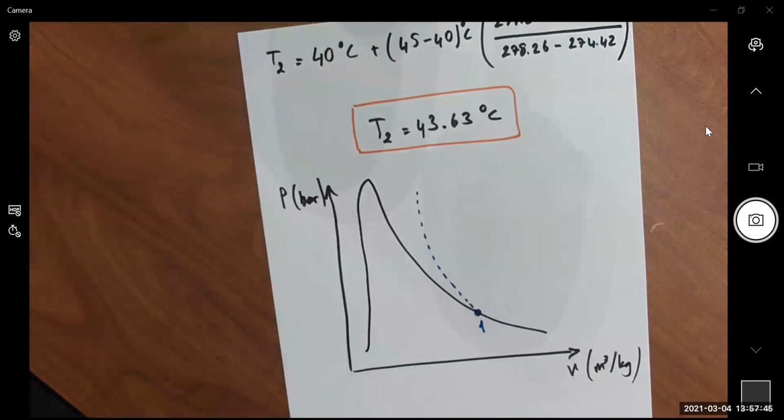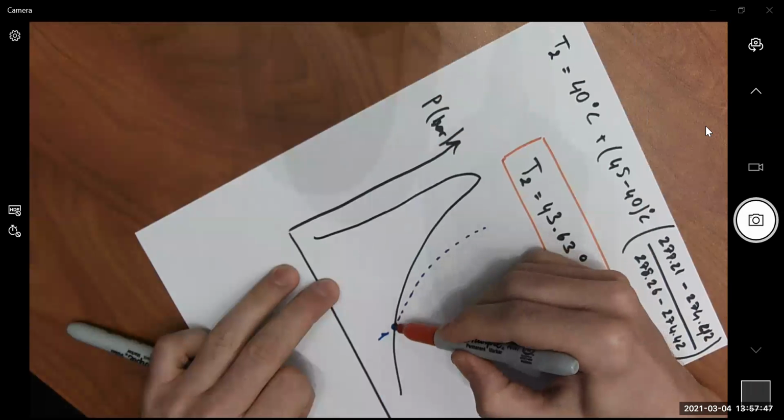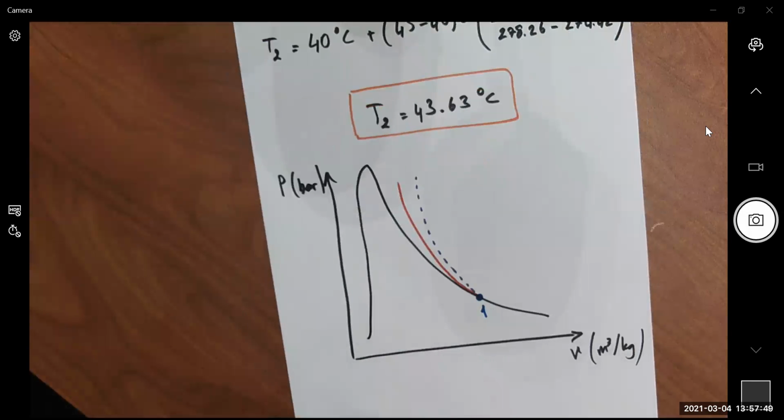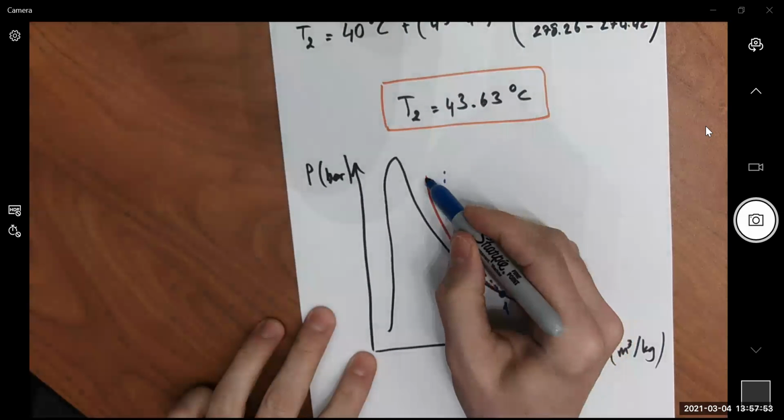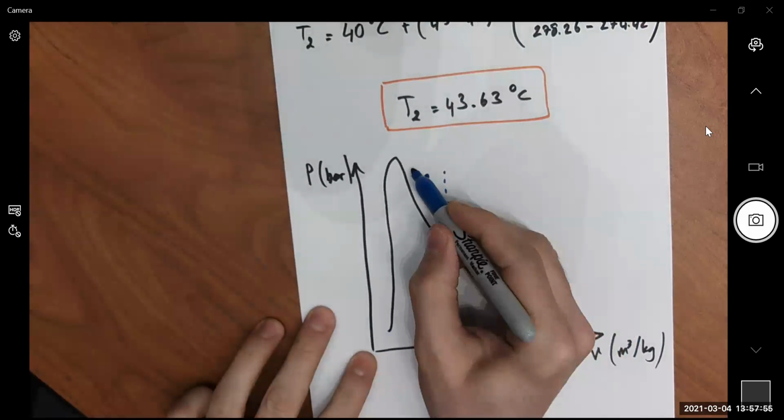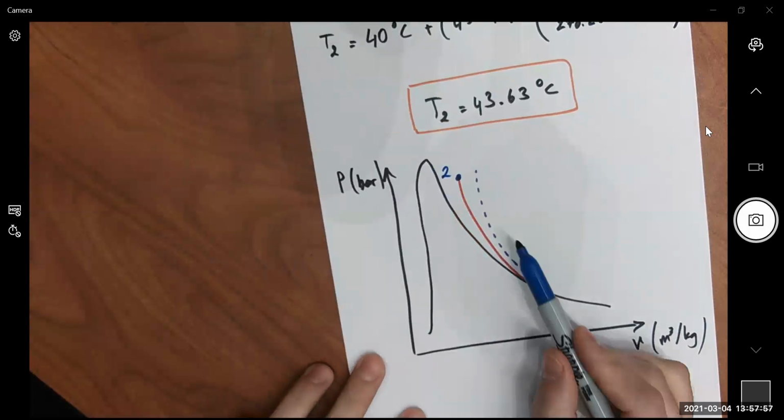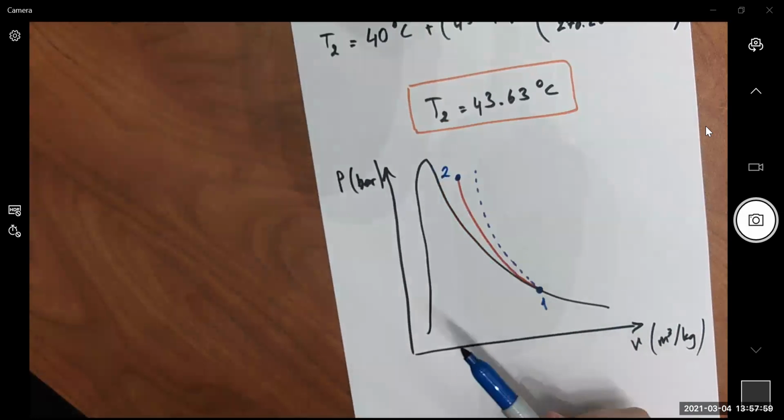And go up to the superheated region by following this actual process line. This dashed line is an adiabatic case.